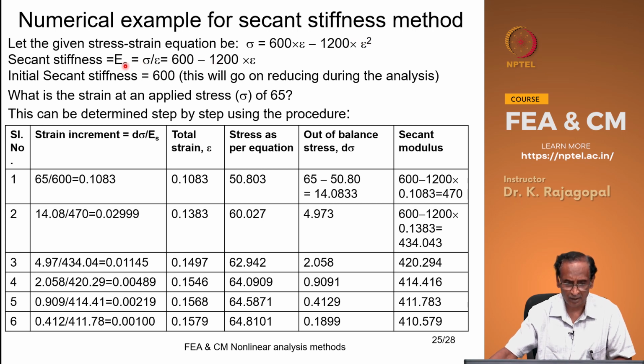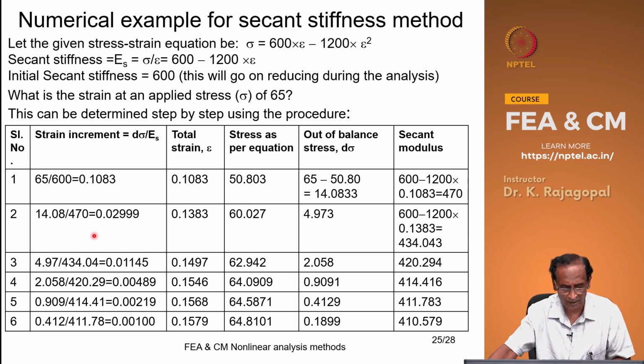So our secant modulus is sigma by epsilon, that comes to 600 minus 1200 epsilon, and once again the initial tangent modulus is 600. Our initial strain increment is 0.1083, and if you substitute this back in our equation for stress, we get this, and the out of balance stress is 14, and our secant modulus is 600 minus 1200 times 0.1083, that is 470.